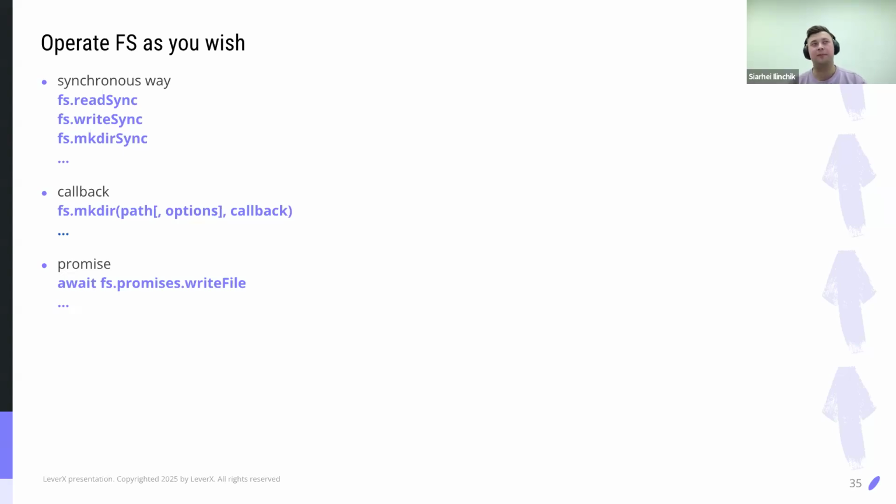The callback style and the promises style. The promises style should be the choice. You would like to avoid callbacks as much as possible to avoid the callback hell problem, and a lot of nested code is generated from callbacks, while promises are a much more explicit way to use the file system API.